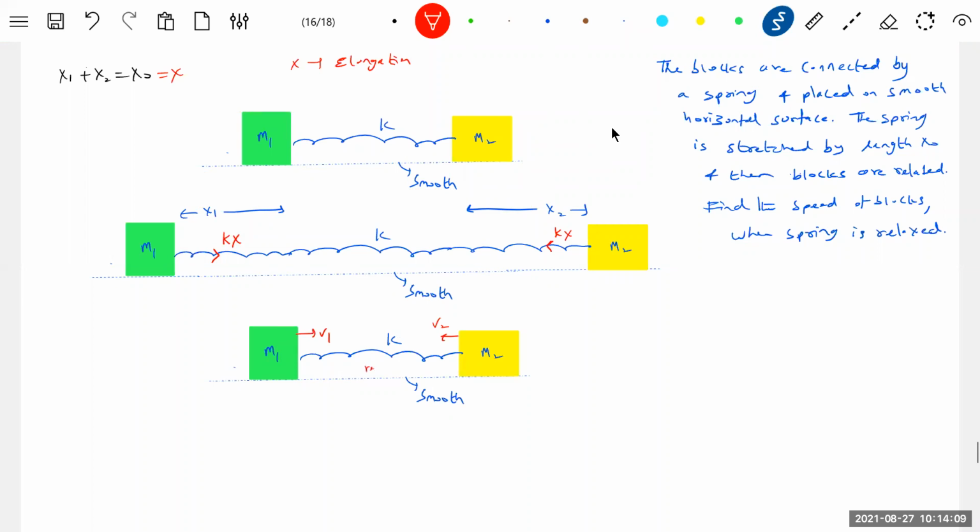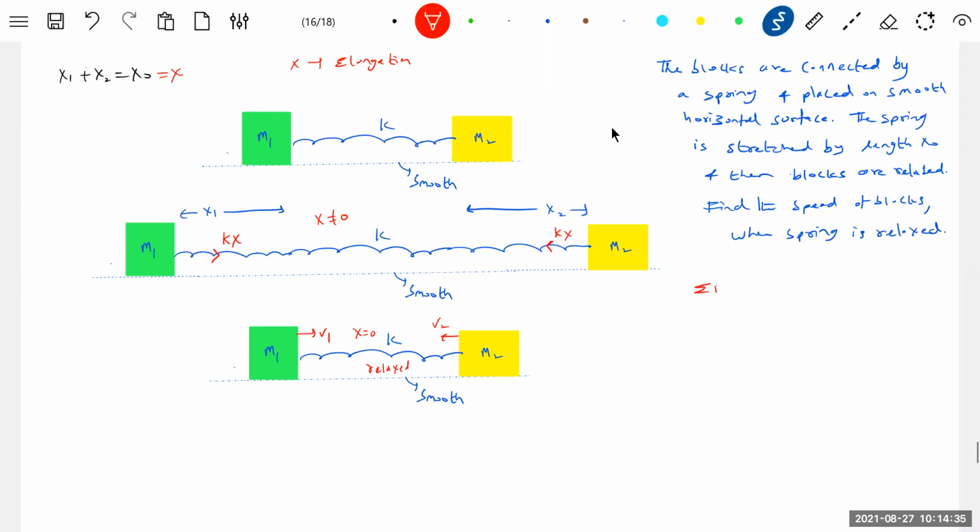So again, what is the state of the spring? How to calculate that v1, v2? Which force is doing work? Spring force only. Can we apply conservation of mechanical energy? Yes. Then what is the net force on the system along the x-axis? Zero.